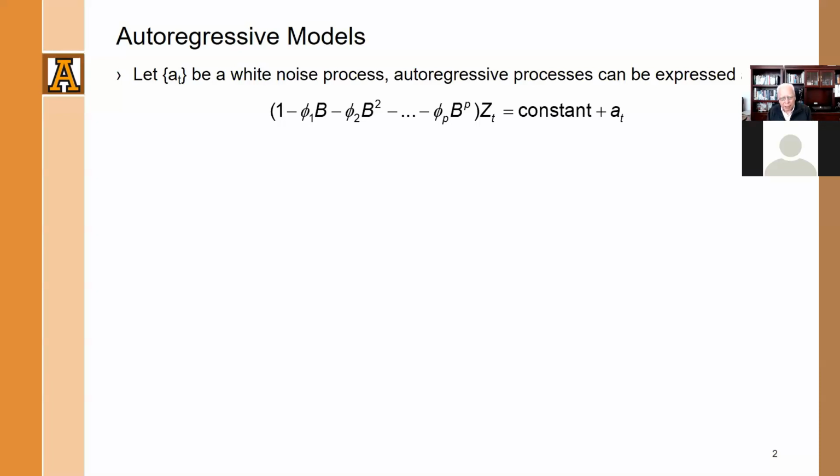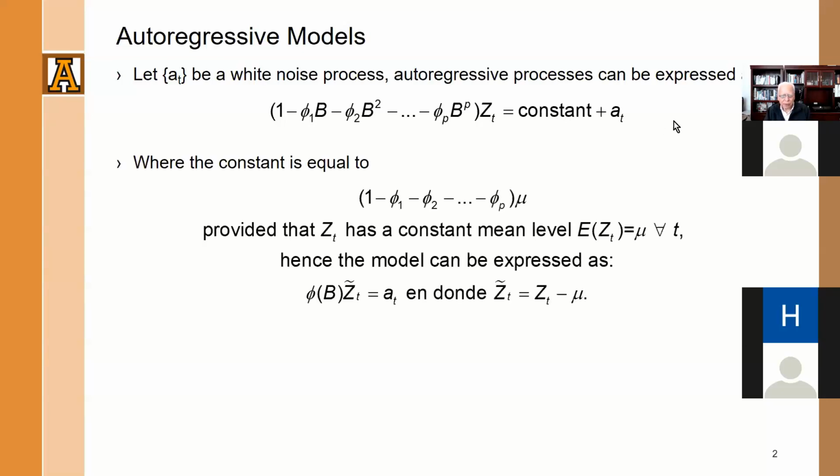So that's a backshift polynomial applied to Z sub t. And the assumption in this model is that when we apply that to Z sub t, we obtain a constant plus a sub t. The constant we can actually eliminate by subtracting the mean from Z_t.